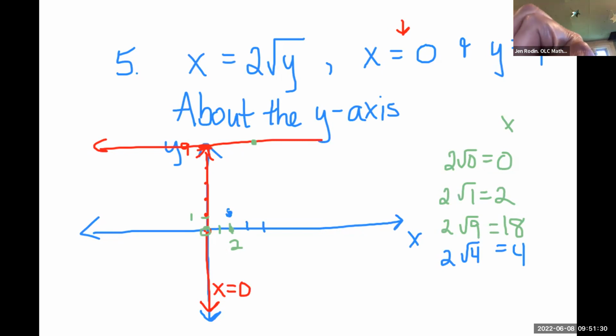So when y equals, let's say here's 4, x also equals 4. You go like that. So it's a little more curved than that. It's like a parabola.